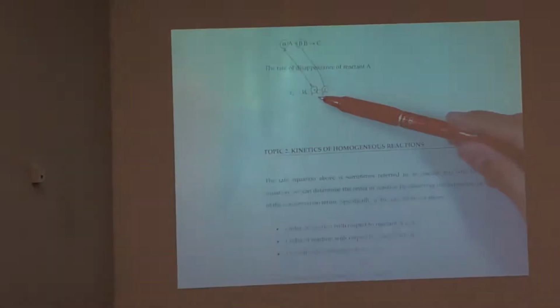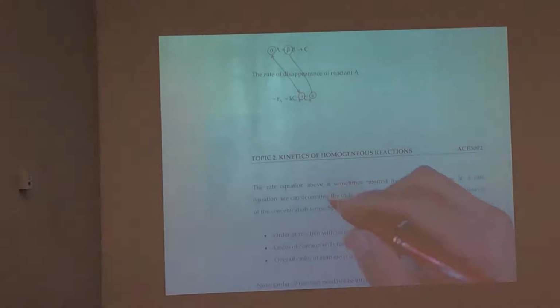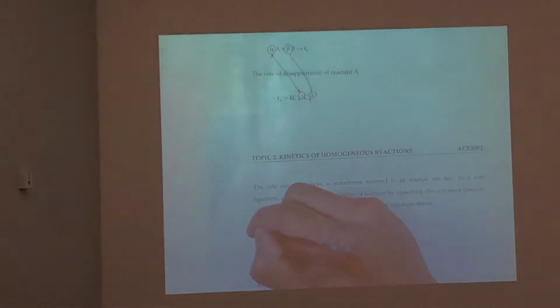You see, the order of reaction with respect to A is alpha. The order of reaction with respect to B is beta. Okay, this one you put 1 star here.